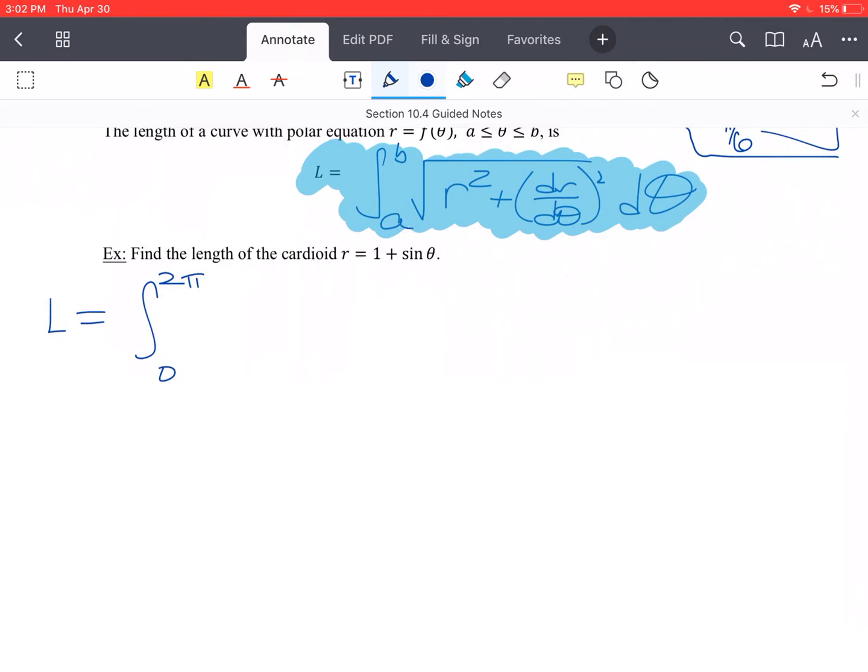So that's why we set that as our bounds. Square root of r squared, so that's 1 plus sine theta squared, plus the derivative of r squared, so that's just going to be cosine squared.